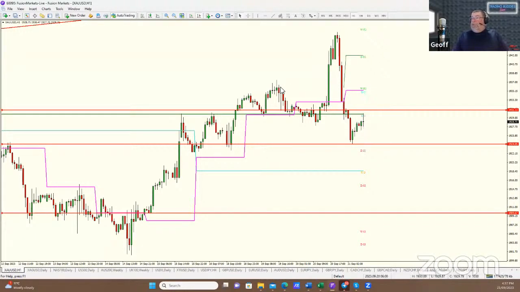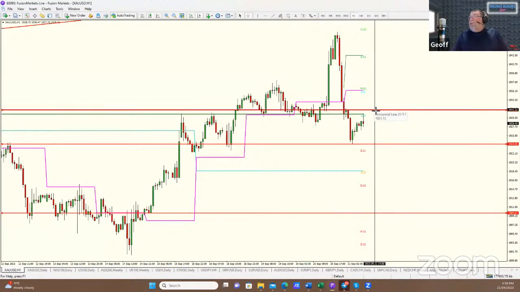We're using pivots or obvious levels of support and resistance for our targets. If we entered short here, we'd be looking to exit at the weekly pivot. If we entered long here, we would look to exit at the daily pivot. So we would work out whether that is actually worth the exercise.